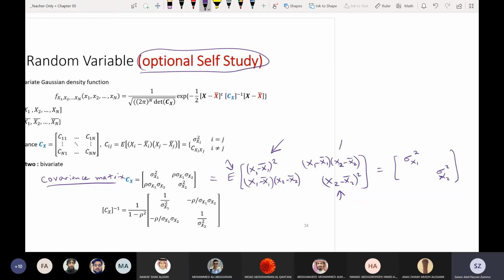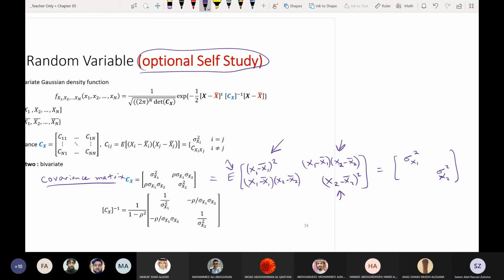What about the off diagonal? The expected value of x1 minus x1 bar times x2 minus x2 bar. What do we call this? By definition, it involves x1 multiplied by x2.